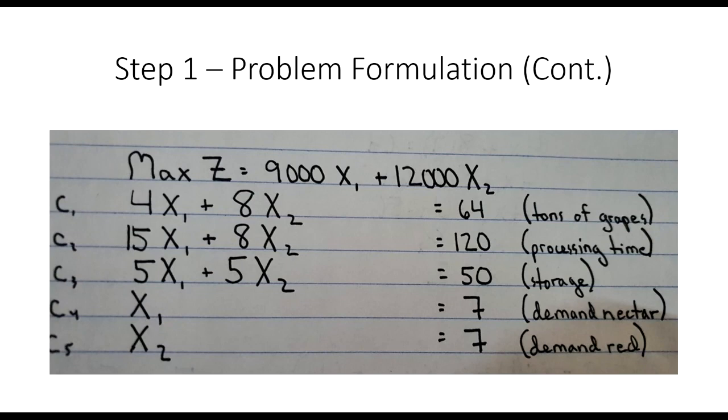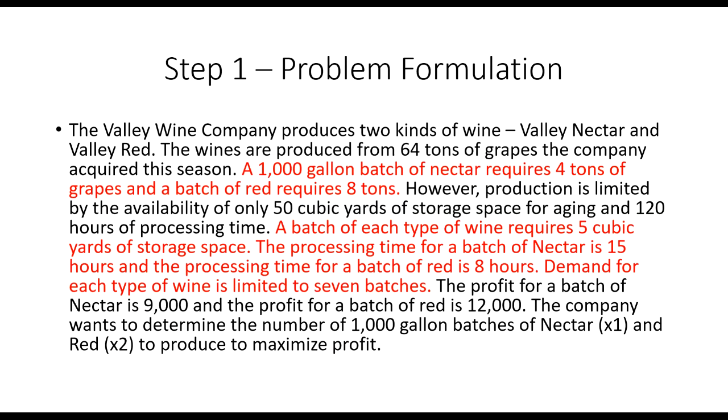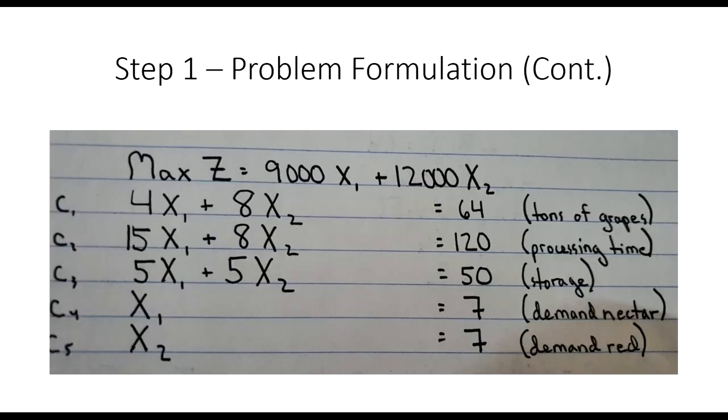These are all of the constraints determined from this information. Like I said, we've solved this before, so this shouldn't be a huge leap for you. We have 5 constraints. The first one, 4x1 plus 8x2 is equal to 64. And that is tons of grapes available. We have only 64 tons of grapes.